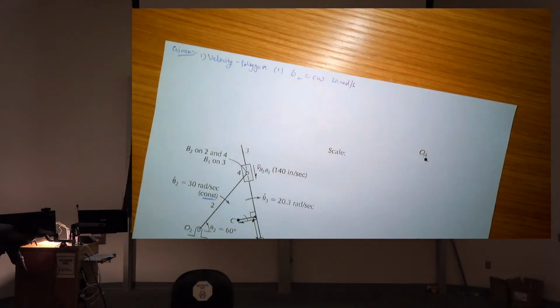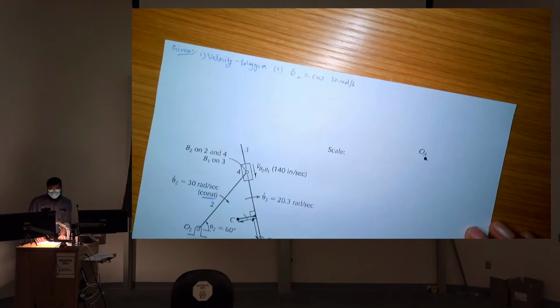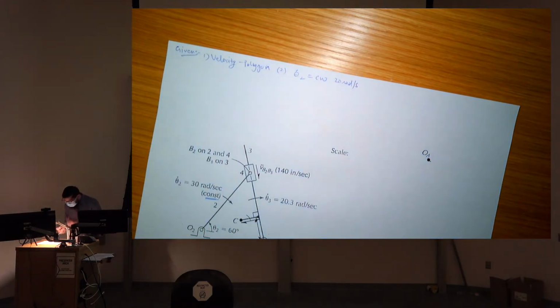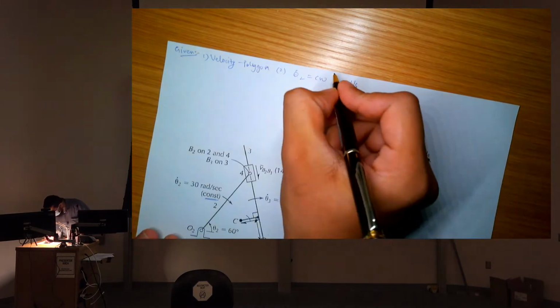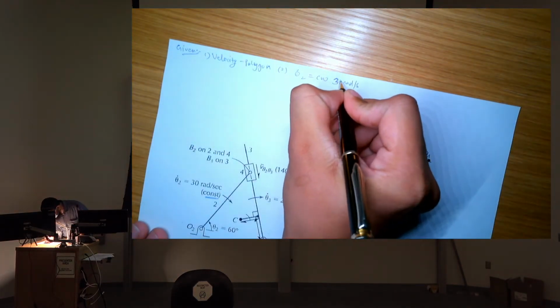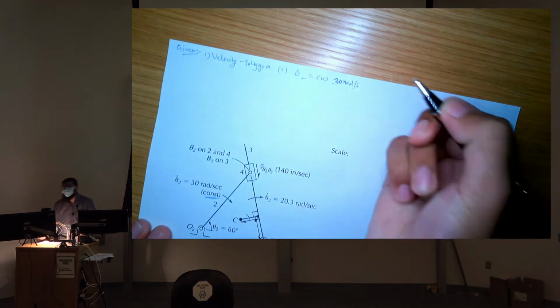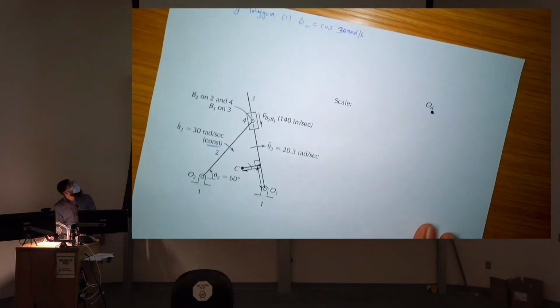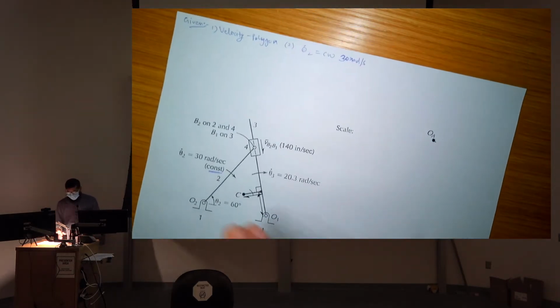Does it work now? Why is it 20 radians per second? Shouldn't it be 30? Oh yeah, I told you it's bad handwriting. Apologies. That's 30? Yeah. Okay. So whenever you have confusion regarding my handwriting, then you just ask me. I think now it's not too reflective, right? Yeah.